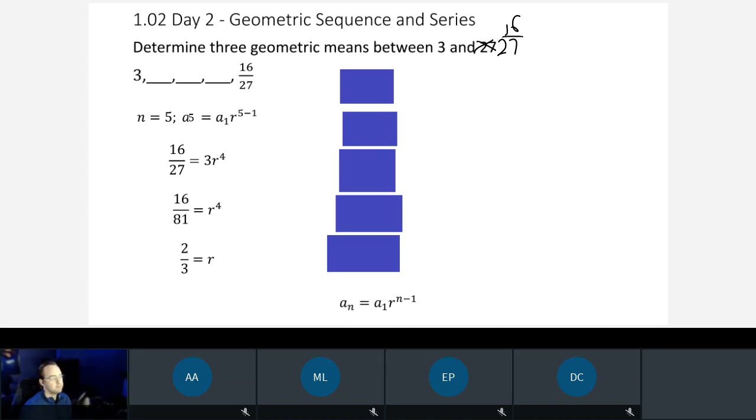What happened? So up top here, you end up putting 27 when it's 16 over 27. I'm confused. All right. So in this question here, you put 16 over 27, right?